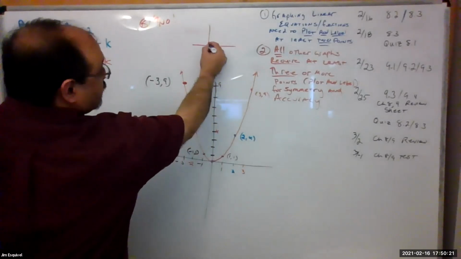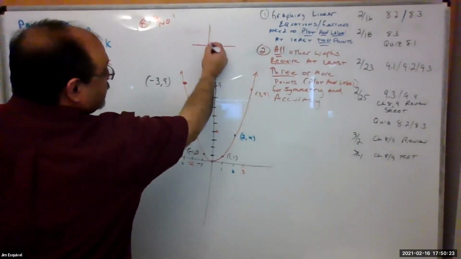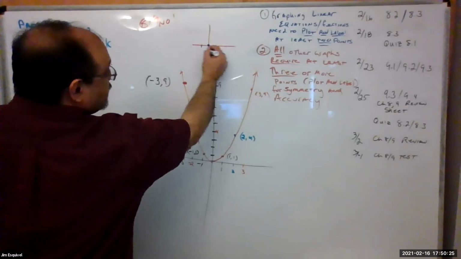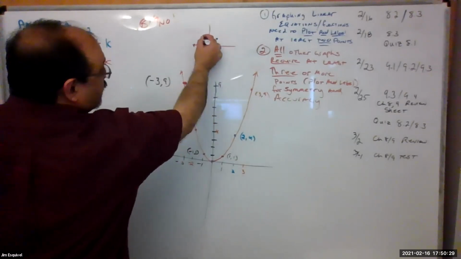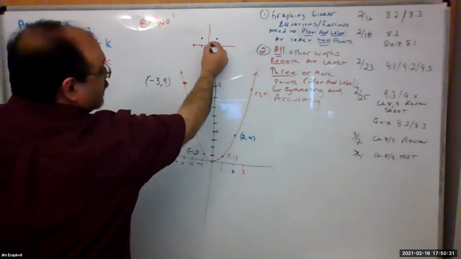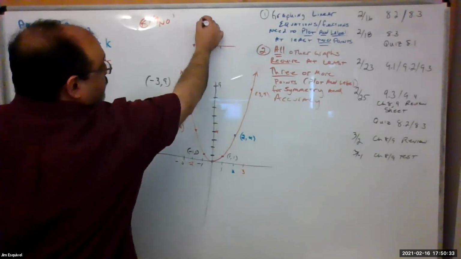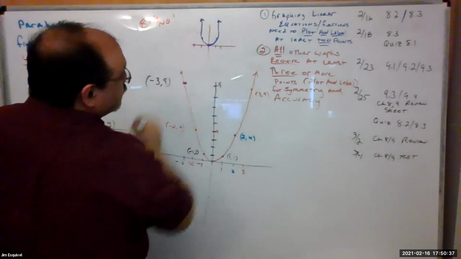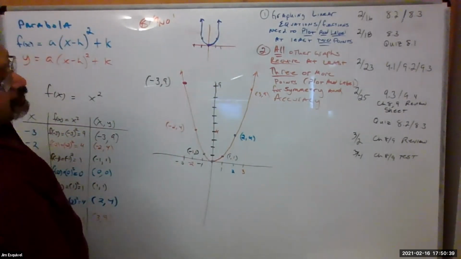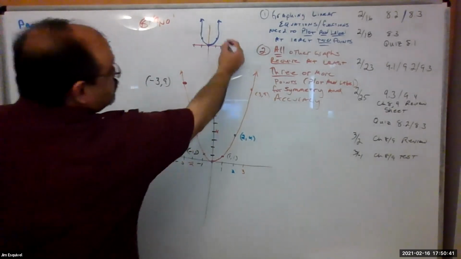When they draw their parabolas, they plug in these points, and they plot and they label, plot and they label, and then they draw the parabola like this, and then they go straight up the grid, like that. So it looks like that. That is a huge no.